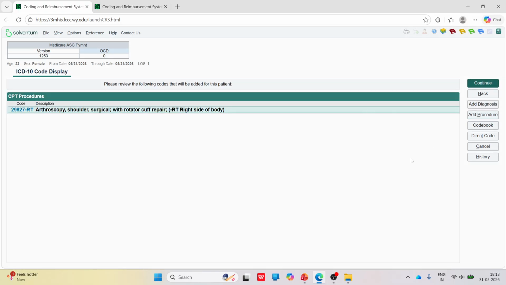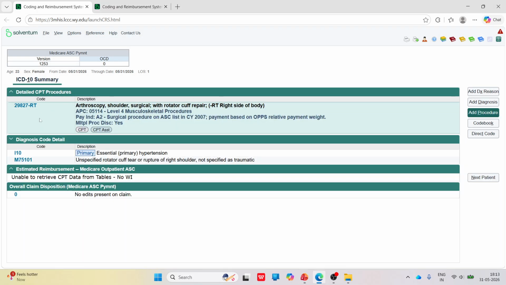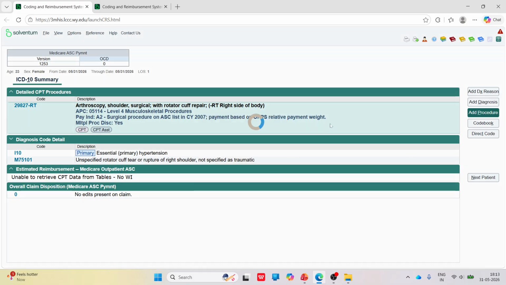So it's 29827. It's on the left side, so we'll give the modifier. We'll give the LT modifier.